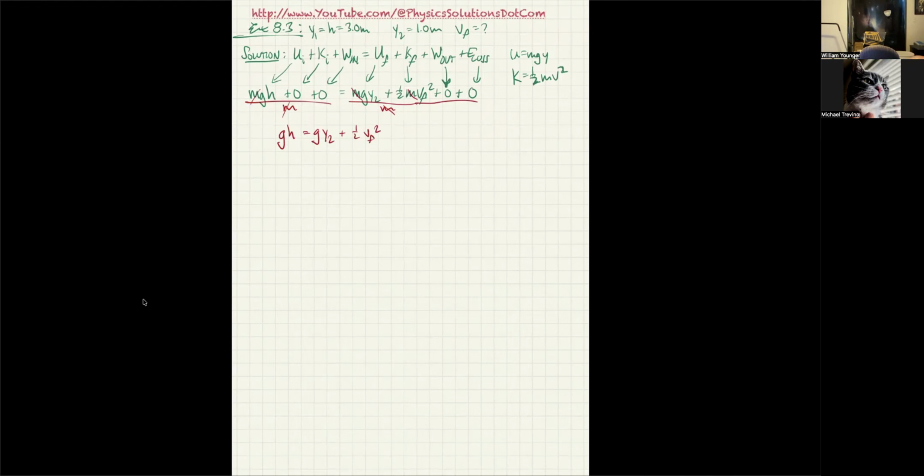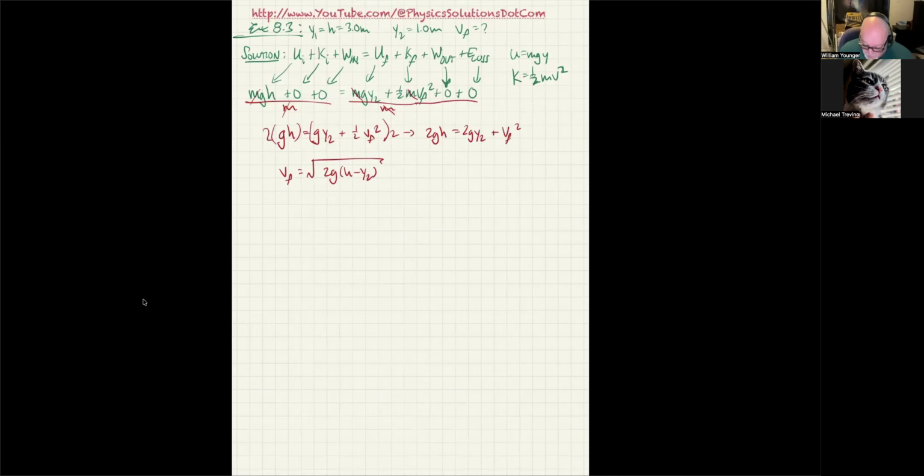I'll multiply both sides by 2, and now we'll get 2gh is equal to 2gy2 plus v final squared, and that gives us that v final is equal to the square root of 2g times (h minus y2), like that.